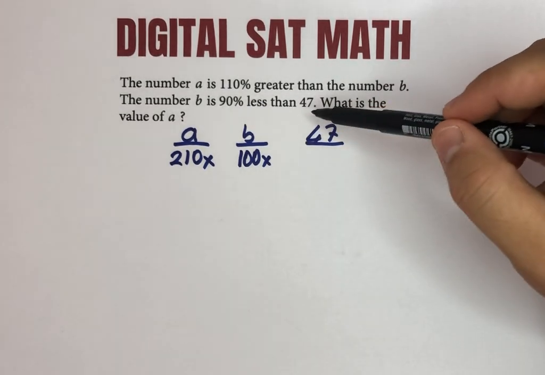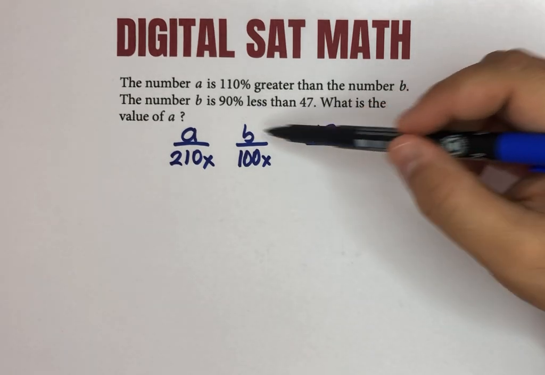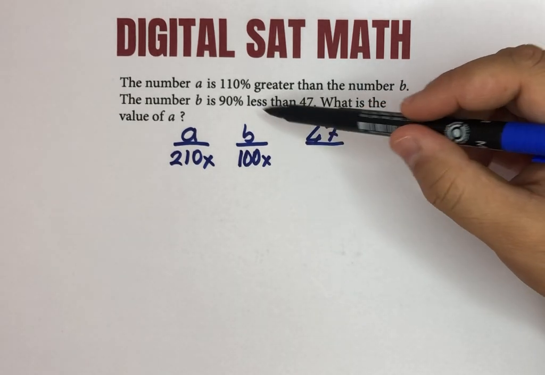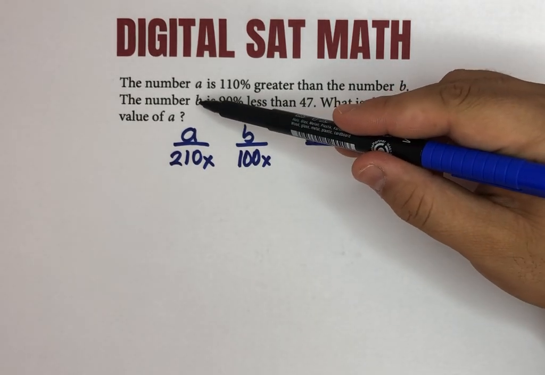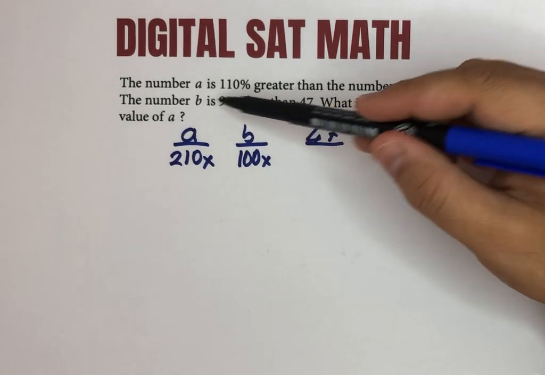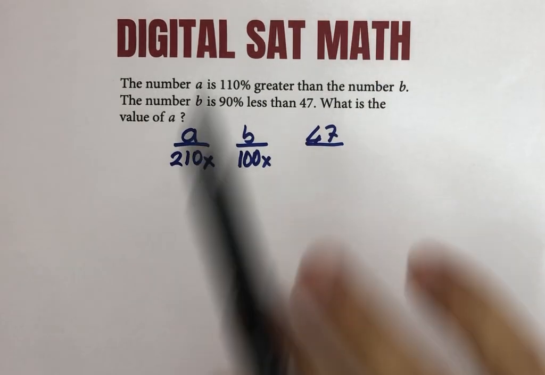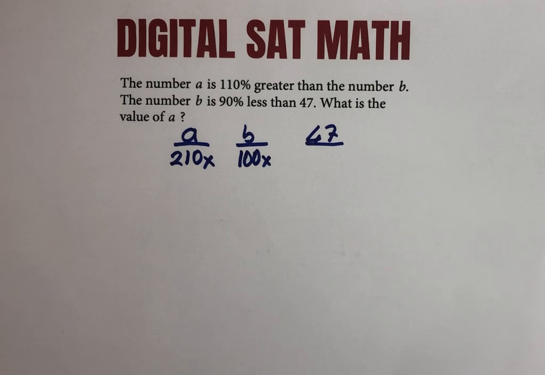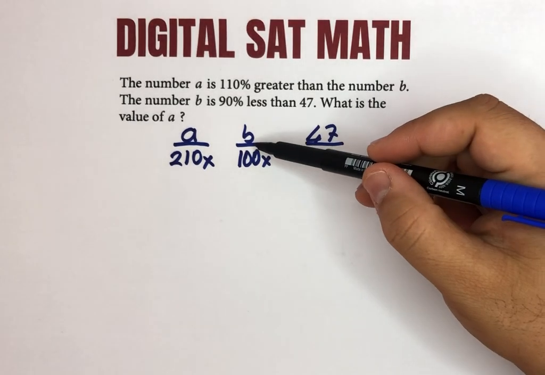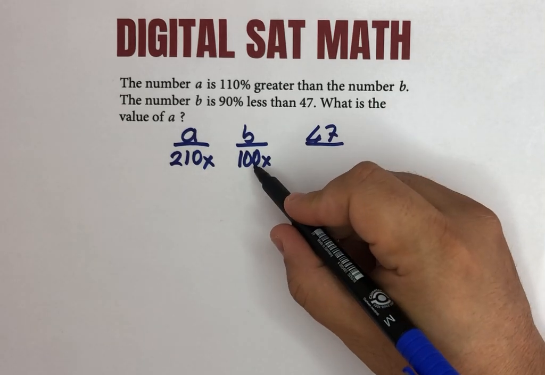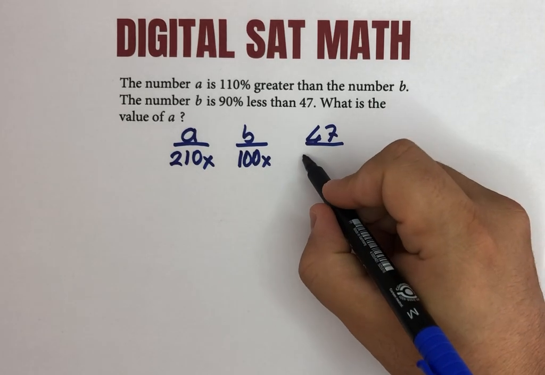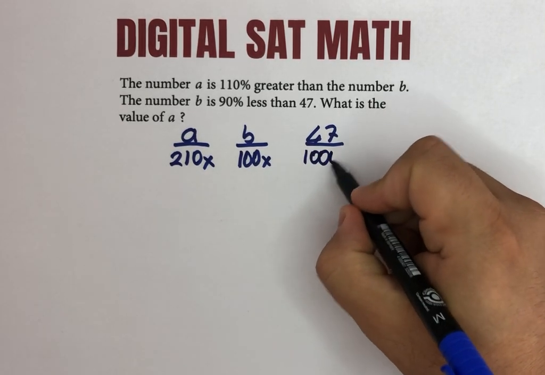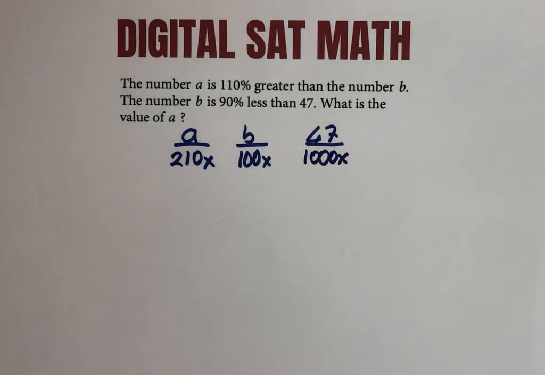Or imagine 10% of it, the whole 47 is going to be 100%, which is 10 times B. When you multiply 100x by 10, you receive 1000x equals 47.